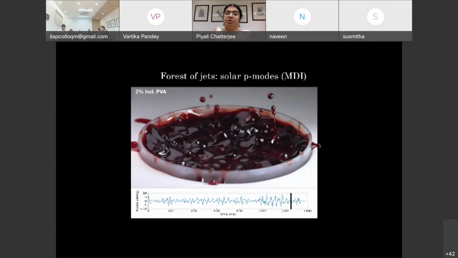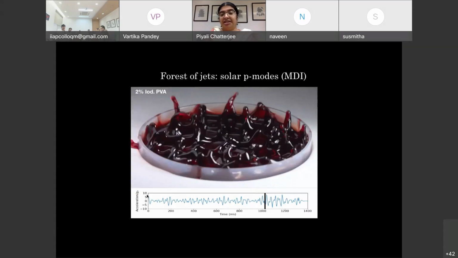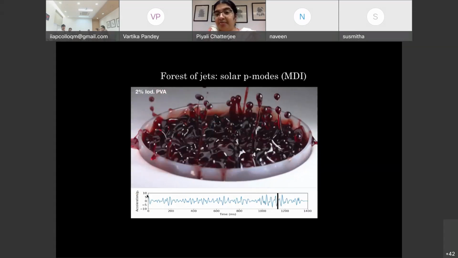We take the solar P modes from the MDI data and convert them into acoustic frequencies. The peak in the MDI data is at 3.3 millihertz, whereas we shift the peak to around 30 millihertz. We just do a Fourier shift here. And then you see that in this case, you even find a forest of jets for a polymeric fluid.